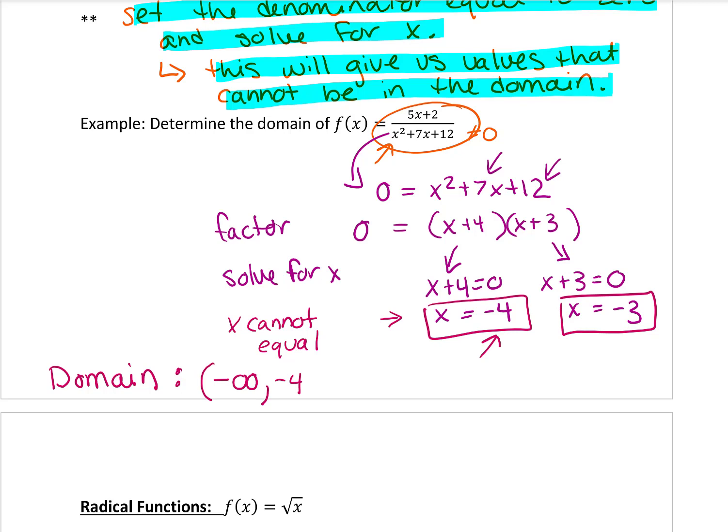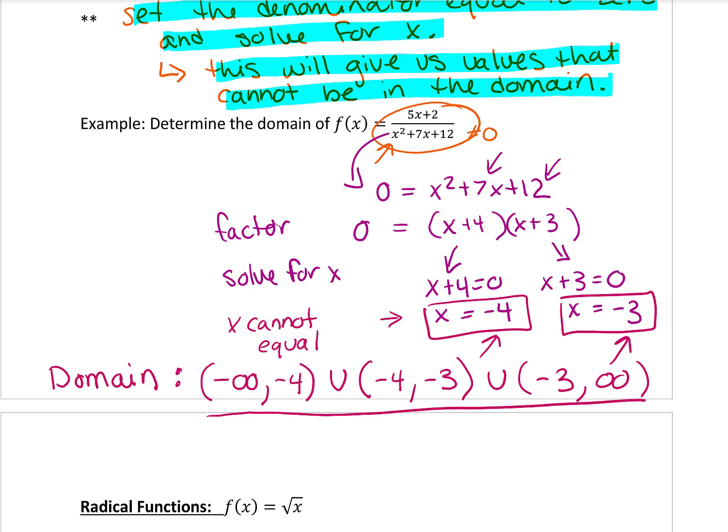Now it doesn't equal negative 4, so we have another round parentheses. Once we leave negative 4, we go from negative 4 all the way to negative 3. And then when we leave negative 3, we go all the way to infinity.